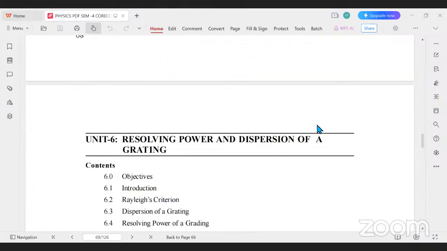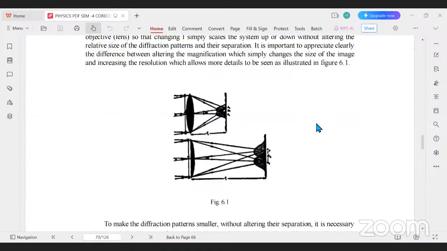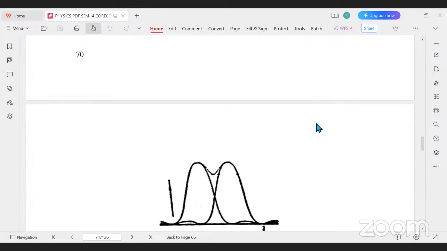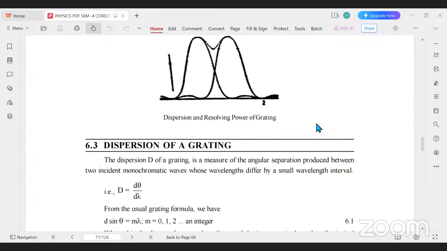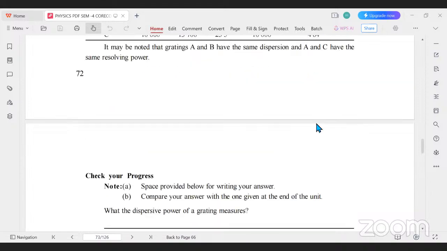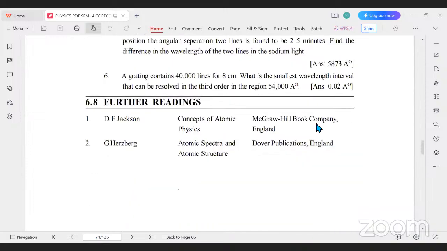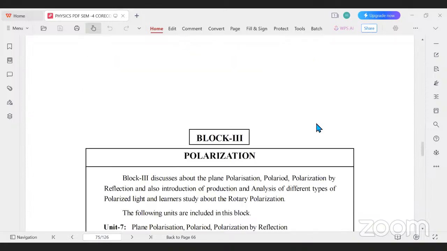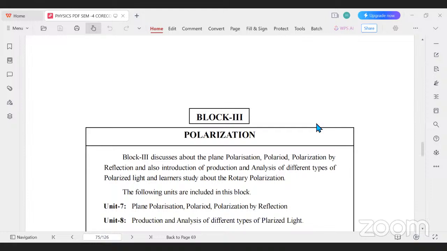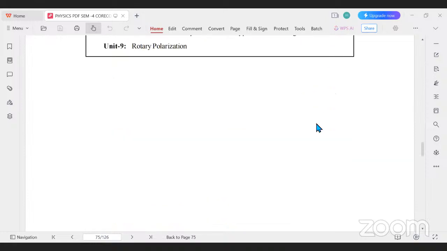I'm just going through the topics that should be covered: the grating, and then polarization. Very interesting.